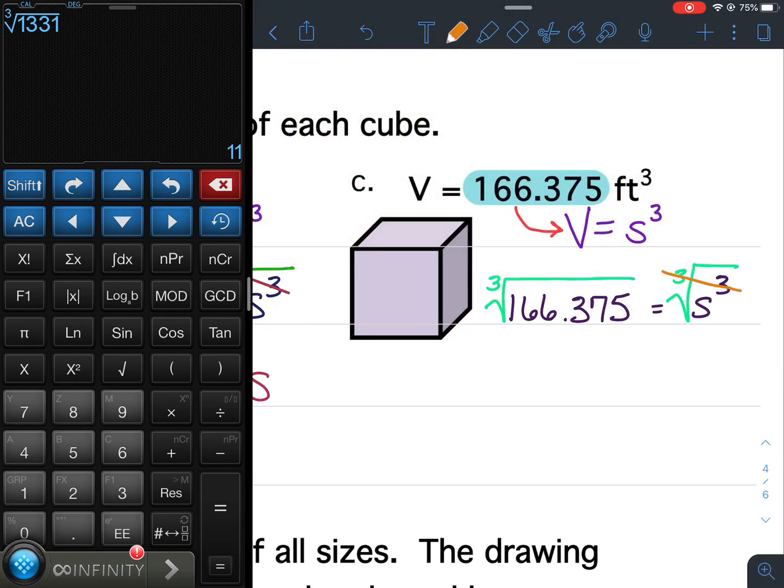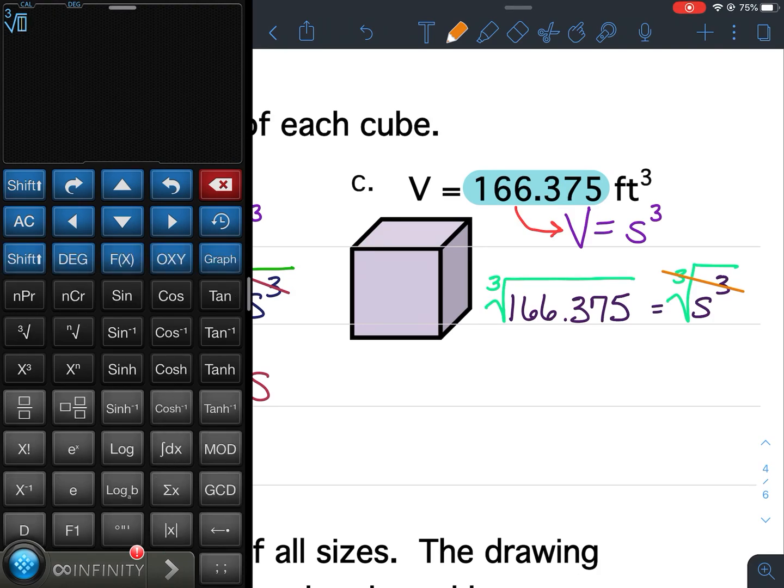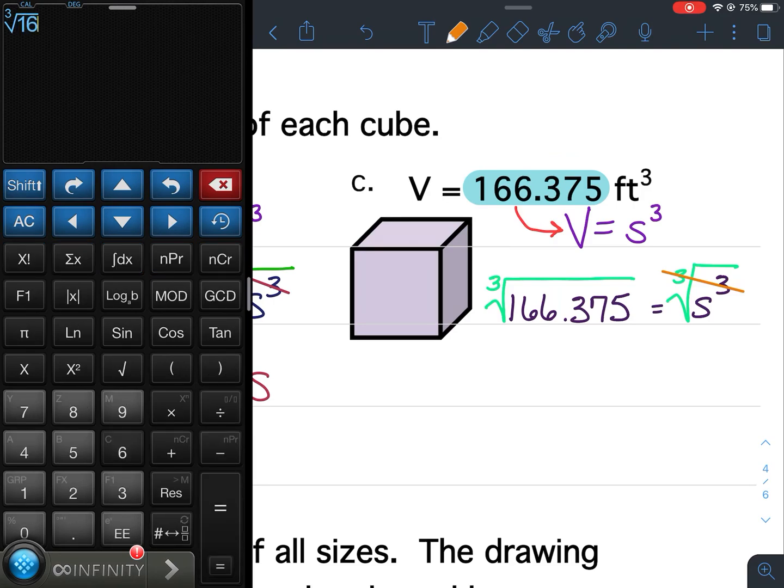The cube and the cube root cancel. Swipe to get my cube root. Cube root of 166.375. That is 5.5. So 5.5 equals S.